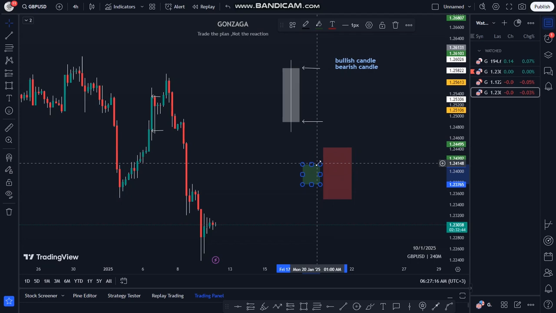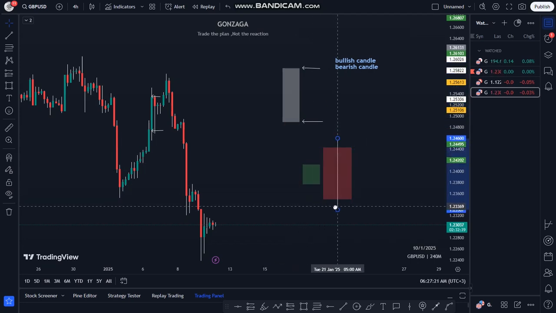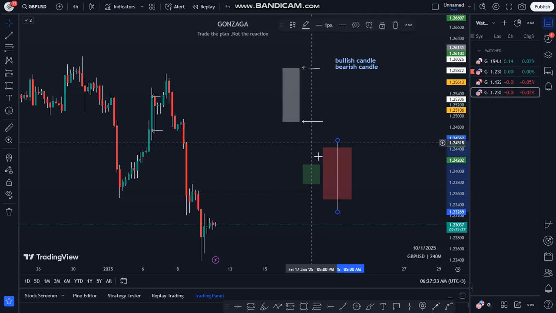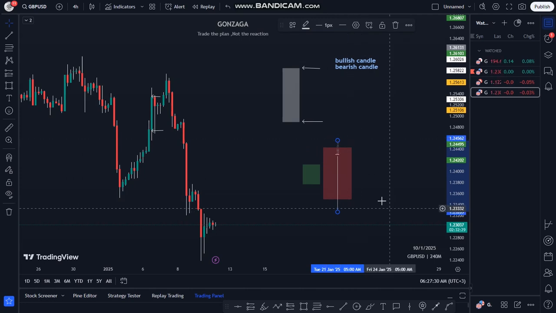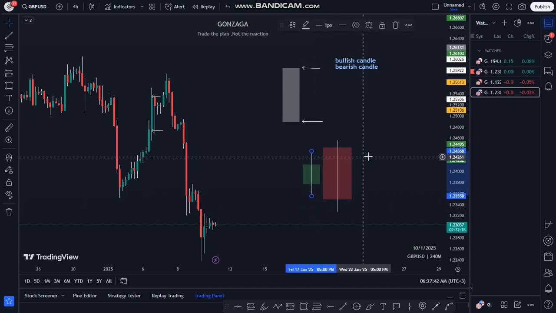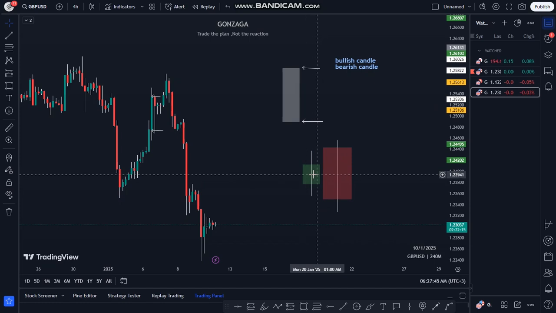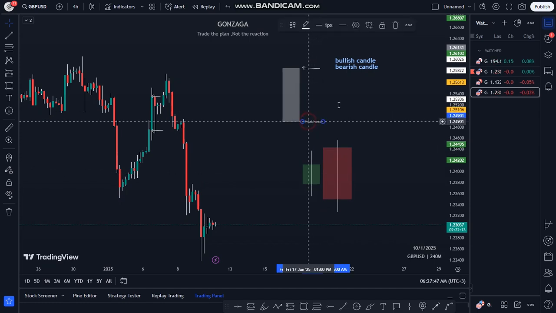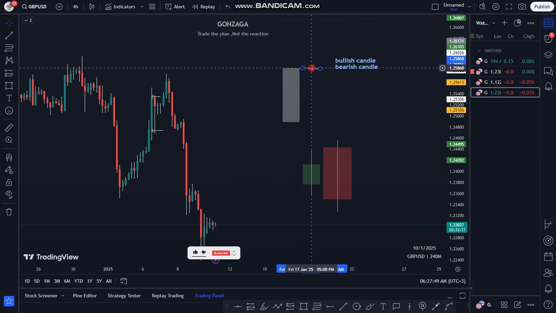So how do we use this in the market? Whenever this red box, if we now make them candles, when this red candle covers all over this green candle, then we shall call it an engulfing pattern. So this candle has engulfed this, right? How do you see that it has engulfed it?